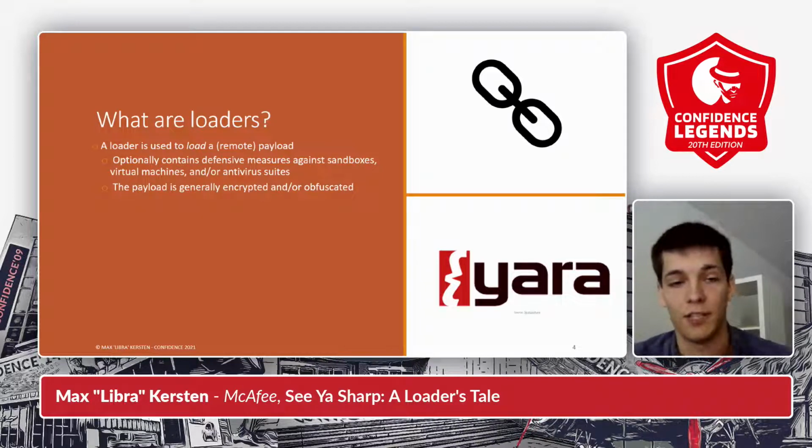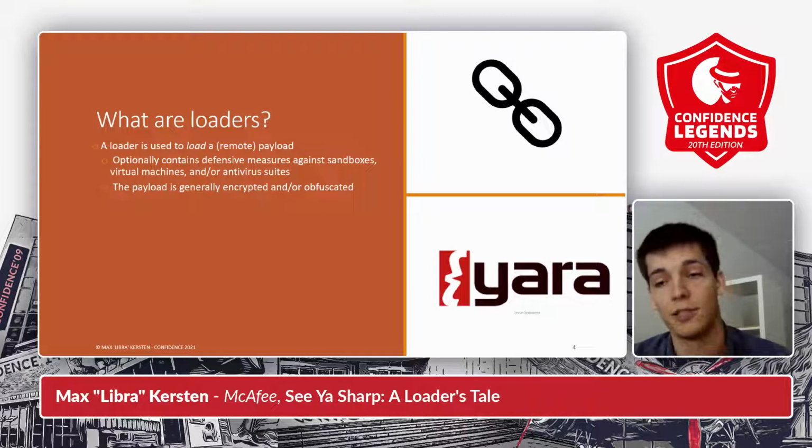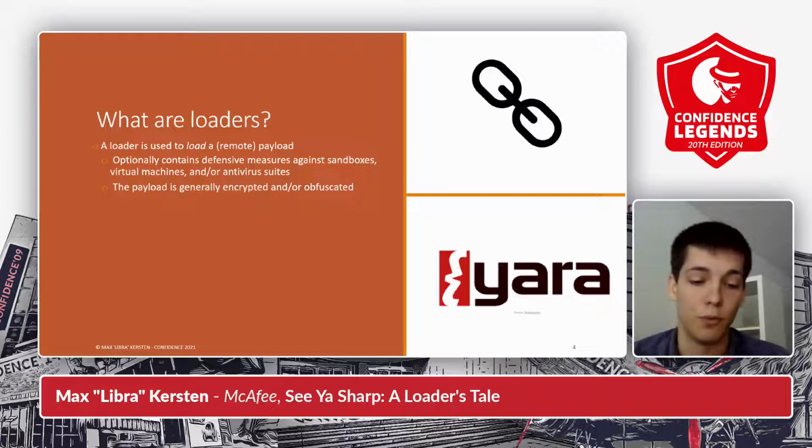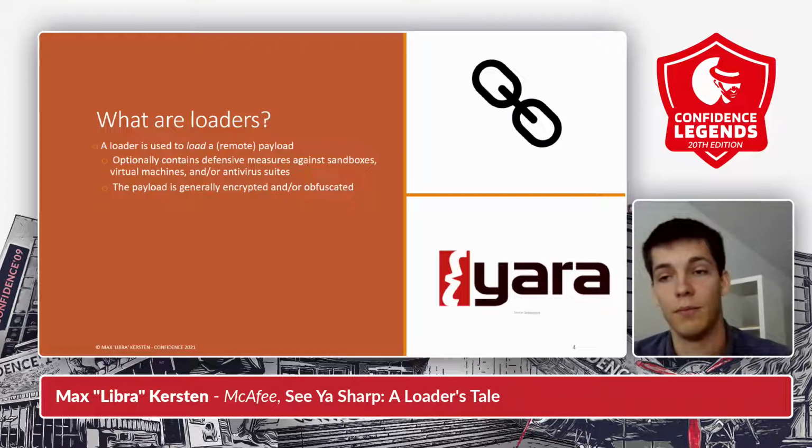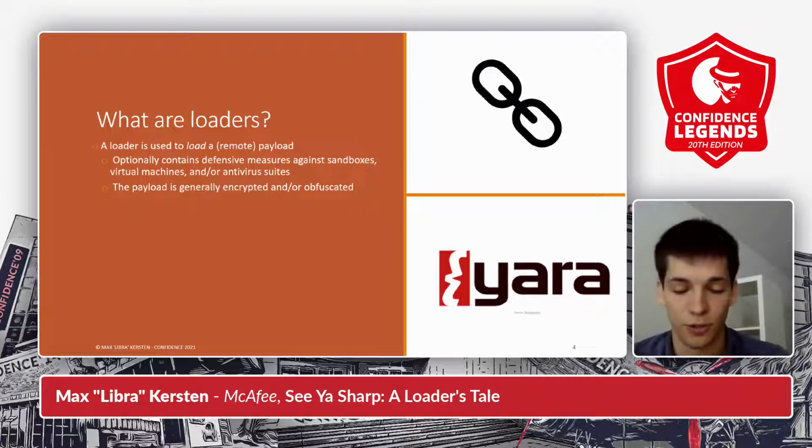However, if I were to put Agent Tesla in a loader, then your YARA rule would not catch the loader as dropping Agent Tesla. However, it would obviously be working if you have a YARA rule to detect this loader, but then you still don't know what the payload family is. So there's a distinction in there.